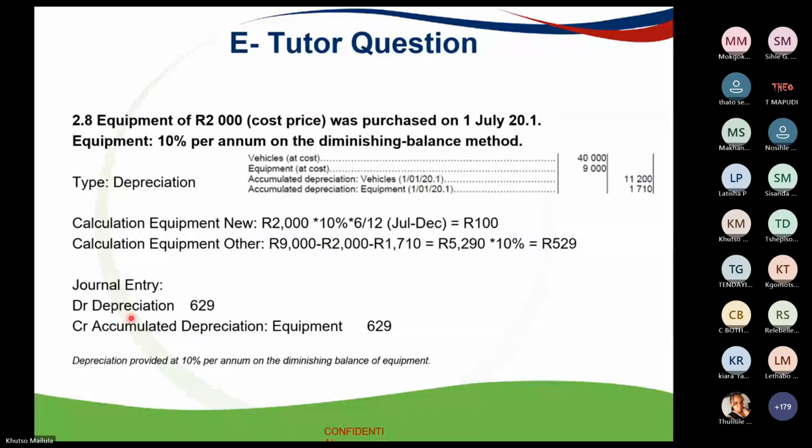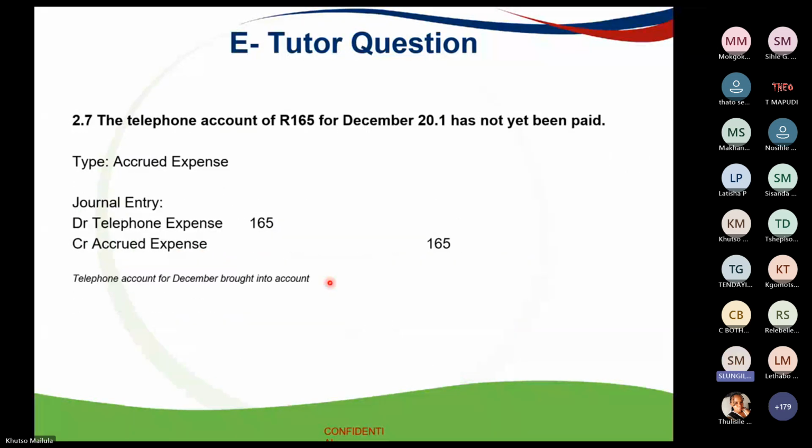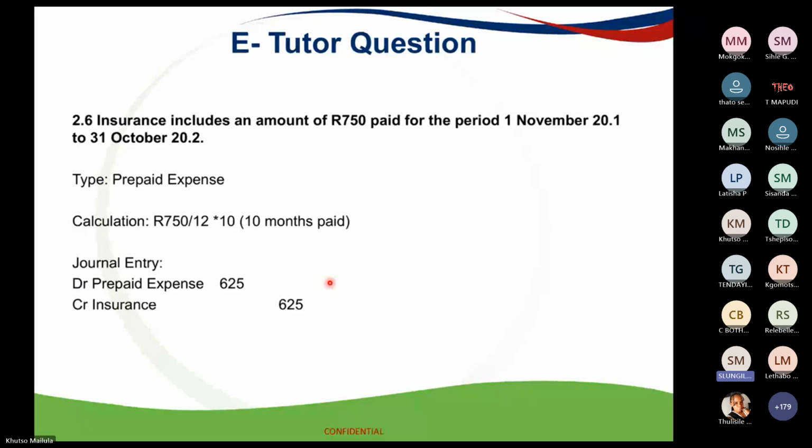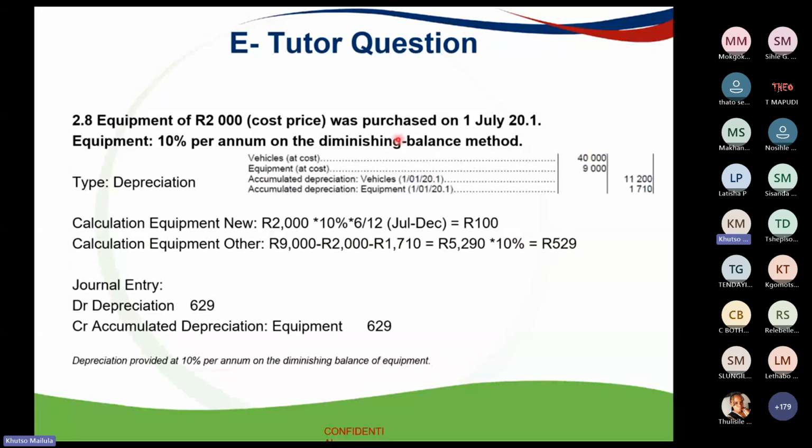Can you please explain everything on the equipment slide, because I really didn't understand what was going on there. The first question was regarding the other equipment, why we minus the 2,000 from the 9,000 on the cost price. That was Lesile's question.